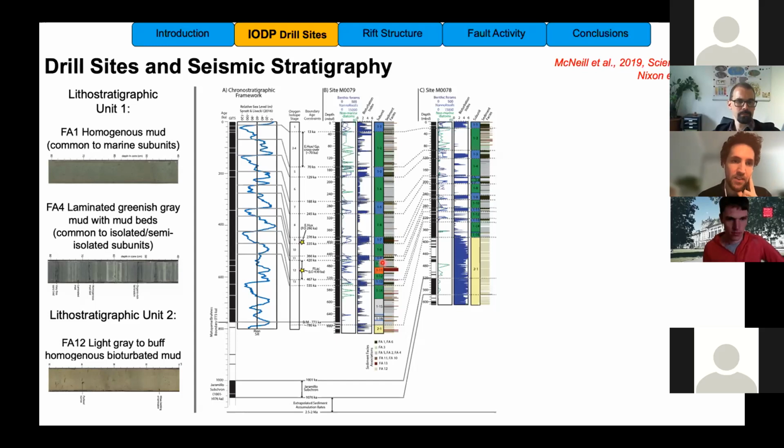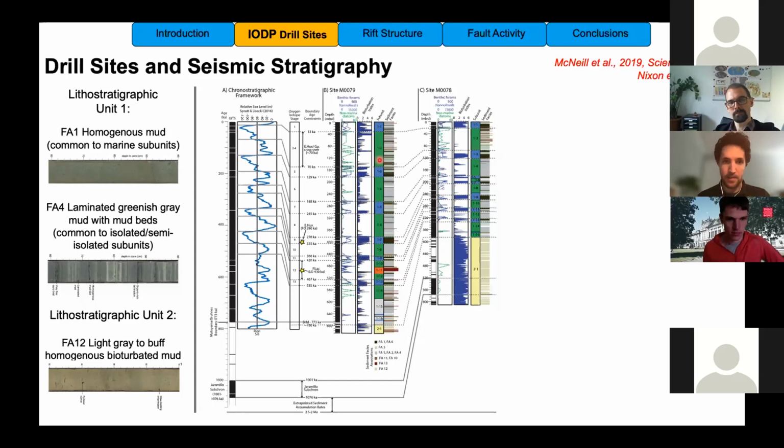One of the key things was that it helped identify 2 lithostratigraphic units, and these 2 units consisted mainly of different muds, but different mud facies. So lithostratigraphic unit 1 was able to be subdivided, based on these different facies and paleoenvironments, into marine subunits in blue here and isolated subunits in green here, when the basin was no longer connected to the Mediterranean.